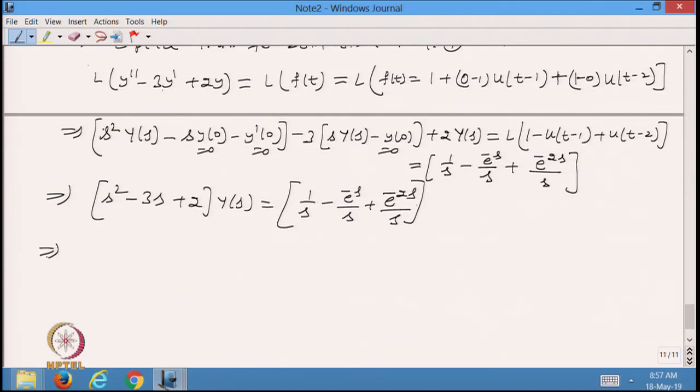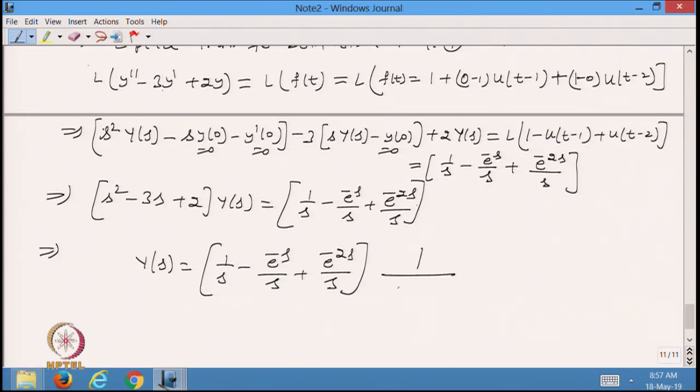So, from here my Ys becomes, so this value I can take on the right hand side. So, this will be 1 over s minus e raised to power minus s over s plus 1 over, so this one I can make as a factor.